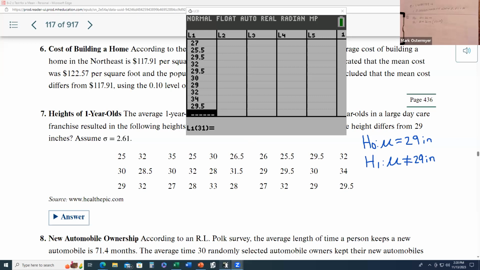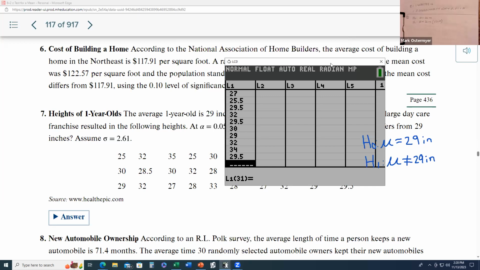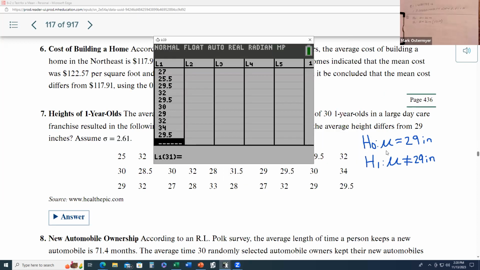So what I did is I entered the data into my list here. And the hypotheses we'd be testing would be the null says the mean height is equal to 29 inches versus the alternative that says the unknown population mean height is not equal to 29 inches.